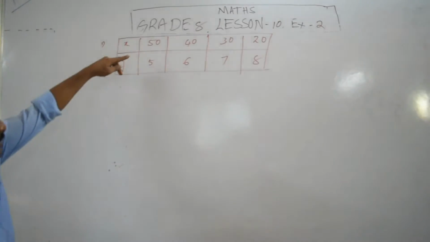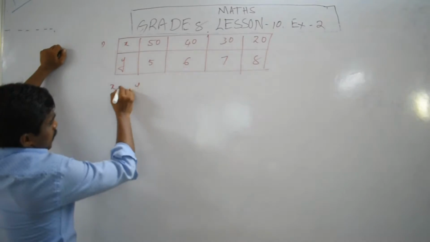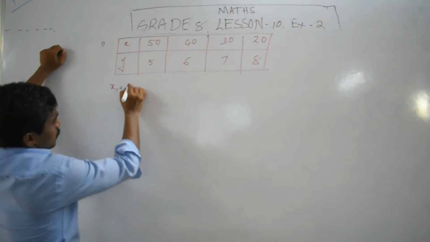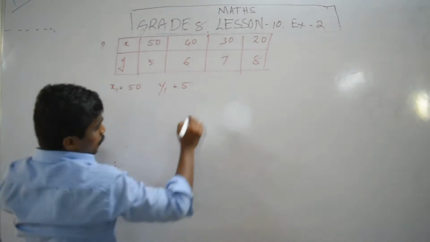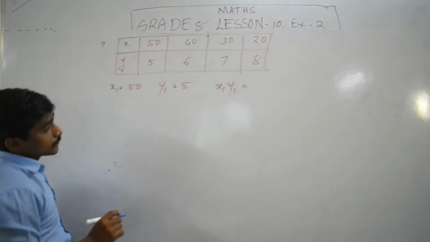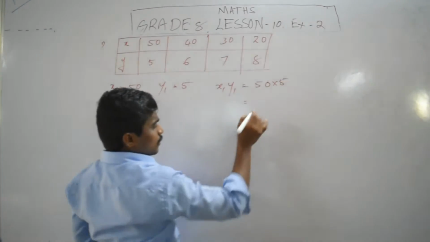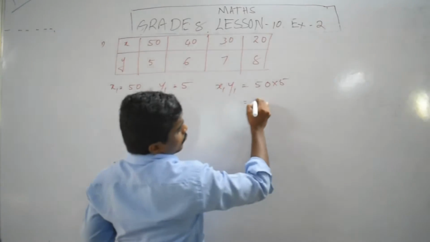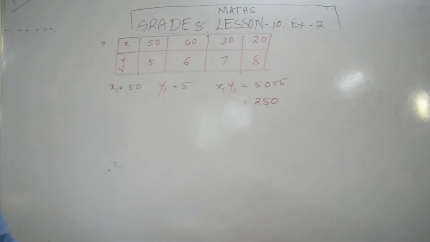Here see, this is x1 equal to 50, y1 equal to 5. So x1 times y1, 50 times 5, how much? 250.